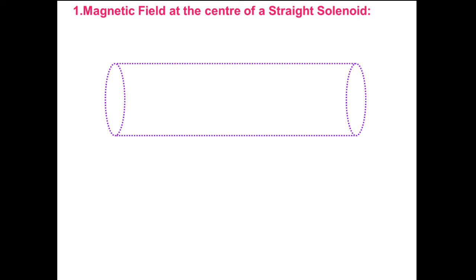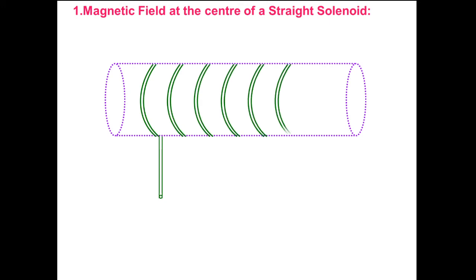It consists of a long wire bound in the form of a helix where the neighboring turns are closely spaced, so each turn can be regarded as a circular loop. The net magnetic field is the vector sum of the fields due to all turns.